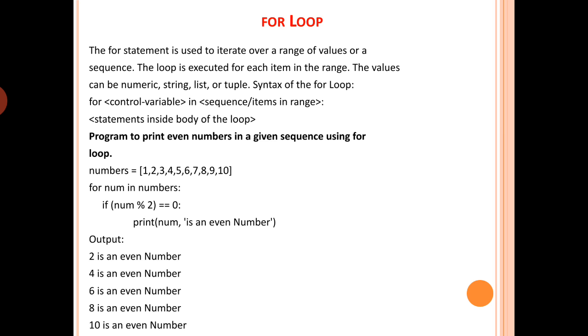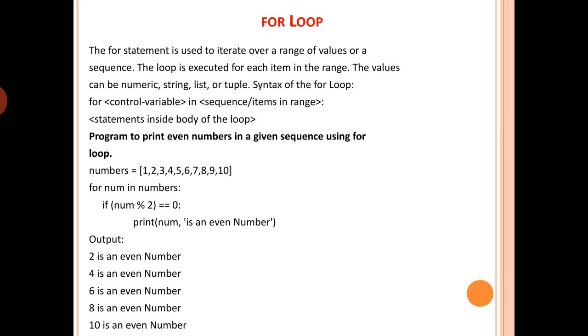While using for loop, we should know in advance the number of times the loop will execute. Syntax of the for loop is: for, control variable, then in, then sequence or items in range, then statements inside body of the loop.